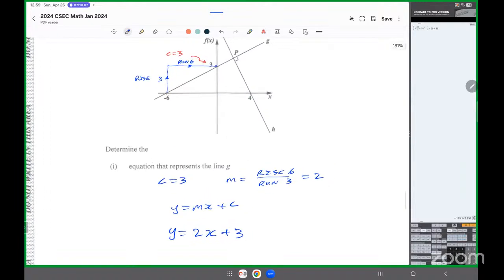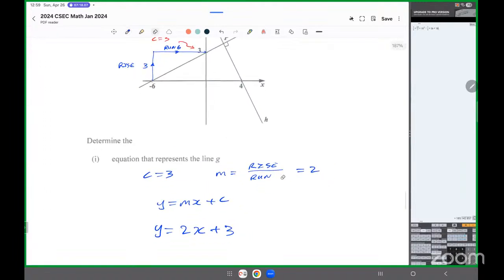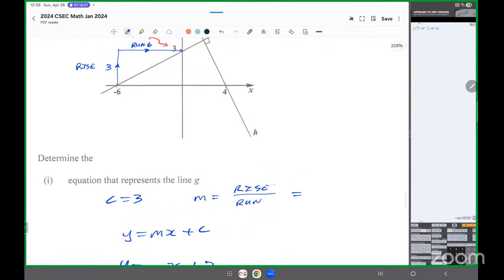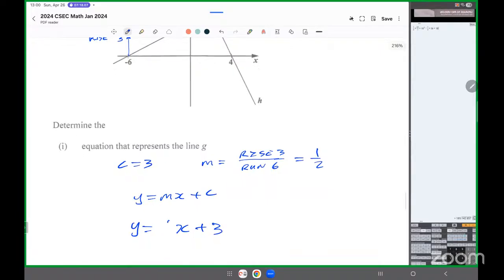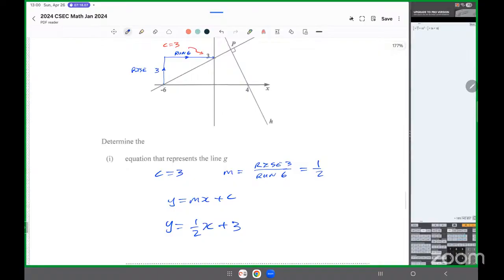Probably the wrong way around? Okay, thanks. You rise 3 and you run 6. So that's a half then. You are right. So it's a half x plus 3. All right, good. My mistake. Rise 3, run 6. All right, beautiful.